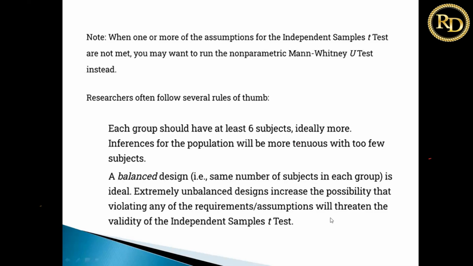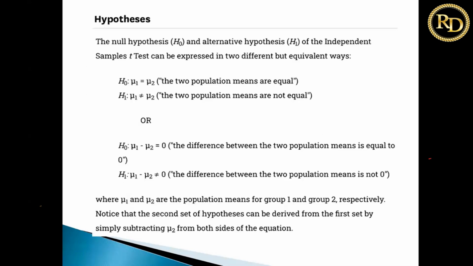Even if we are dealing with unbalanced groups, there should not be a huge difference between the number of observations of one group and the number of observations of the other group.